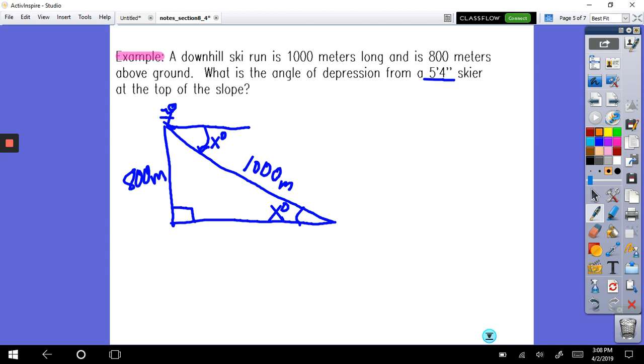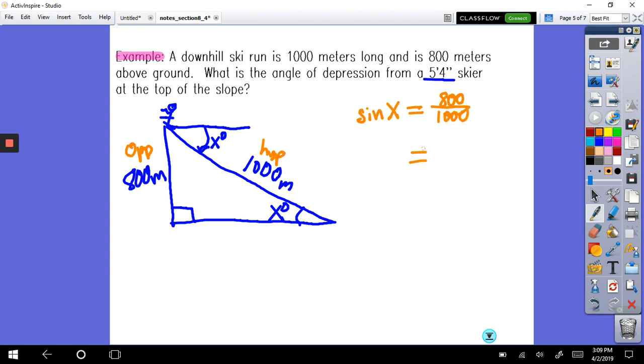So now we just need to go through our steps, which is label opposite, adjacent, hypotenuse, and determine the trig function. Opposite and hypotenuse, it's going to be a sine. So I'm going to do sine of x equals 800 over 1,000.